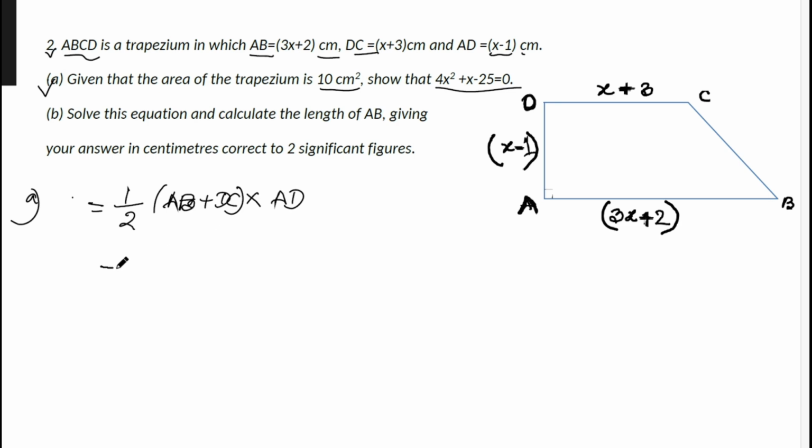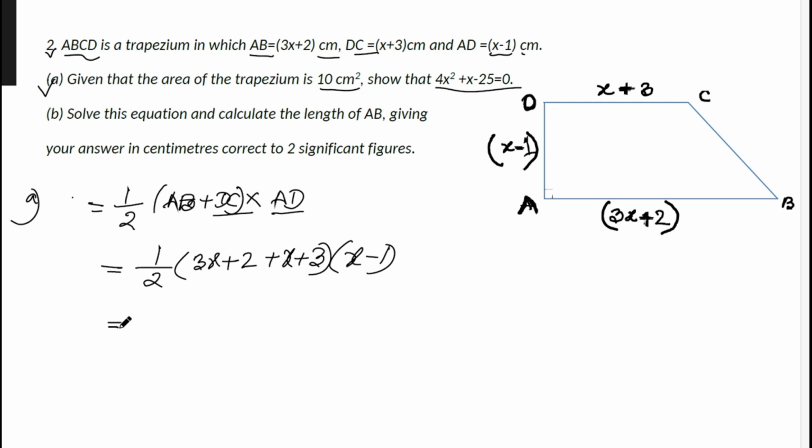So here the value of AB has been given, that is 3x plus 2, and the value of BC, that is x plus 3, and the value of AD, that is x minus 1. Here it will be multiplied by x minus 1.